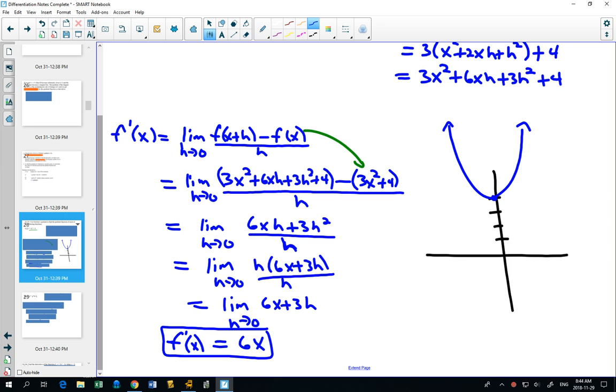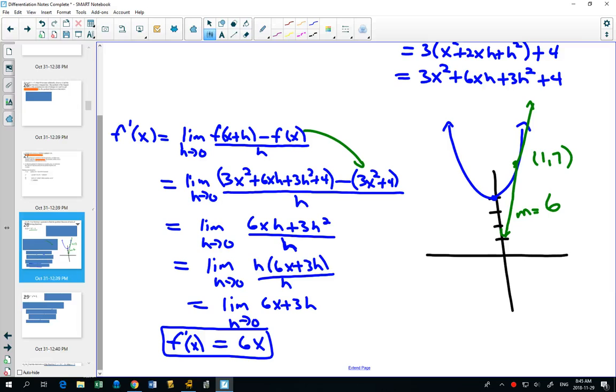If you picked a point on that parabola, for example the point (1, 7), and I drew the tangent line at that point, I could say the slope of that tangent line is 6, because I could plug in the value of x equals 1 into my derivative equation, and I now know that if I drew a tangent line at that point, my slope would be 6.